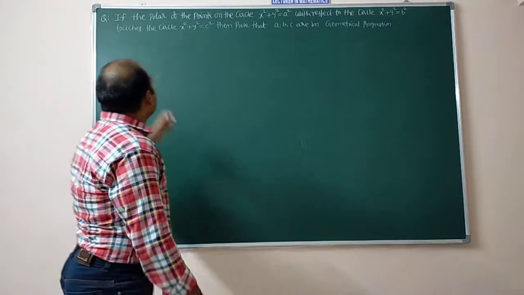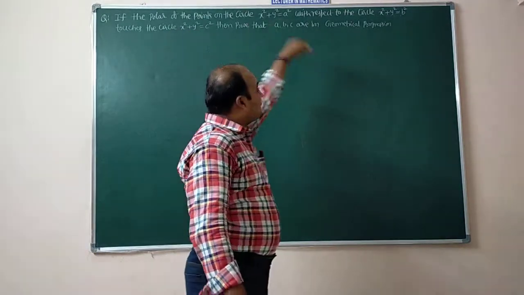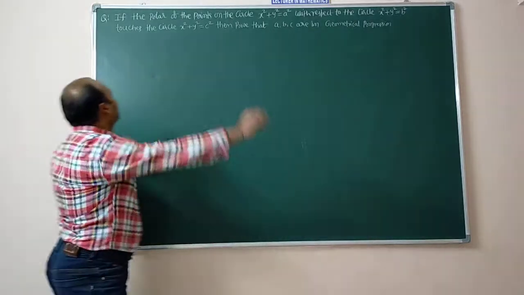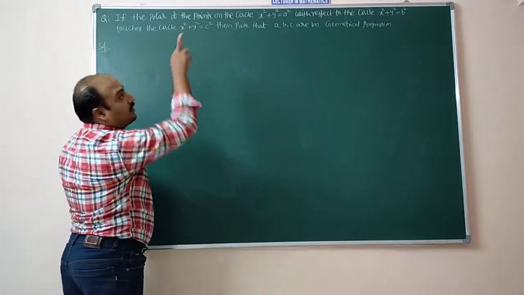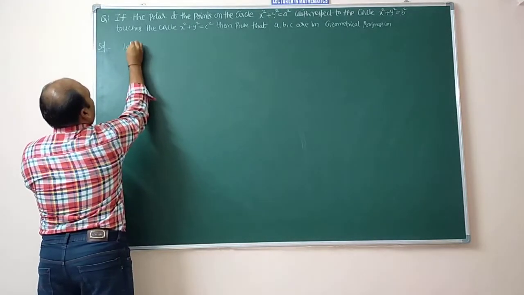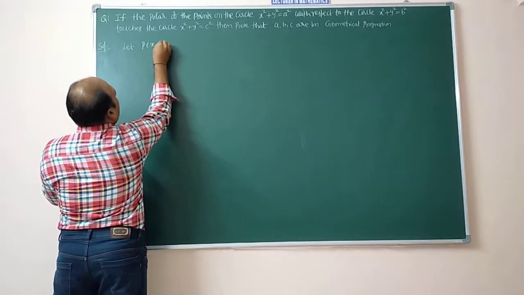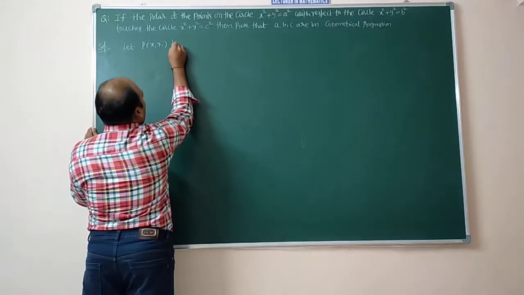See that first, if the polar of the points on the circle, so that means first the pole point will be, let P of x1 comma y1 be the pole.